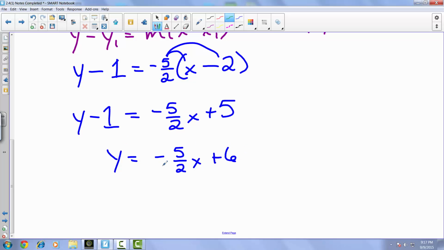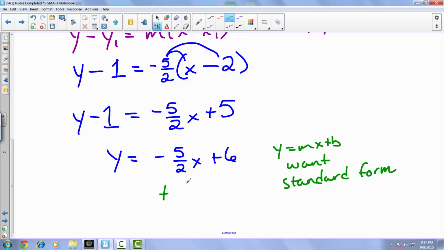So now that we have things in y equals mx plus b, let's go ahead and convert this into standard form. In other words, we want those x's and y's all on the same side.